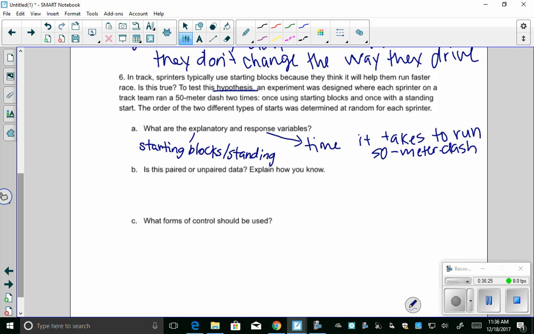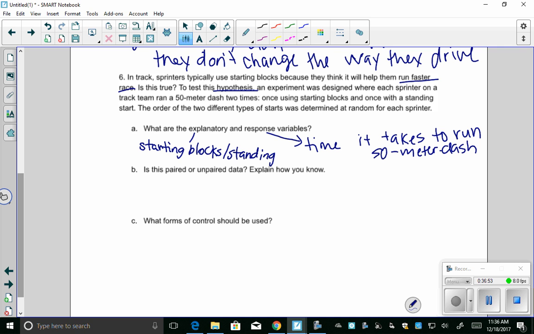Is this paired or unpaired data? Okay, so here it says because they think it will help them run faster.